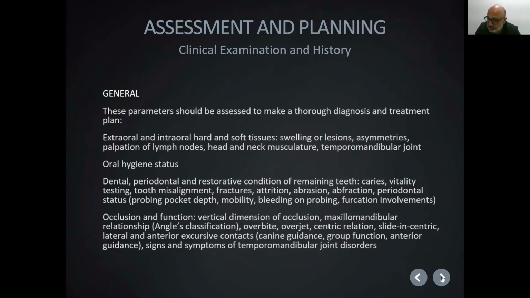Occlusion and function, the vertical dimension of occlusion. Maxillomandibular relationships, Angle's classification, basically. Overbite, overjet, centric relation, sliding centric, lateral and anterior excursive contacts. Are they canine guidance? Are they group function? Is there anterior guidance? Signs and symptoms of temporomandibular joint disorders. In some of the smaller courses, particularly boot camp, we go quite extensively into occlusion.